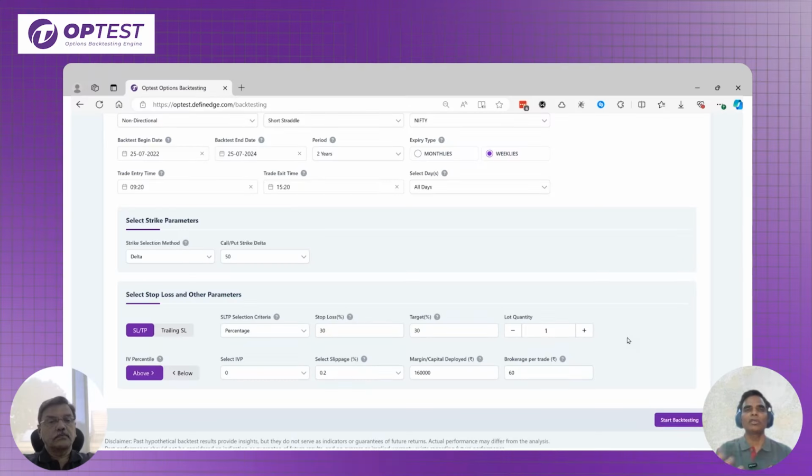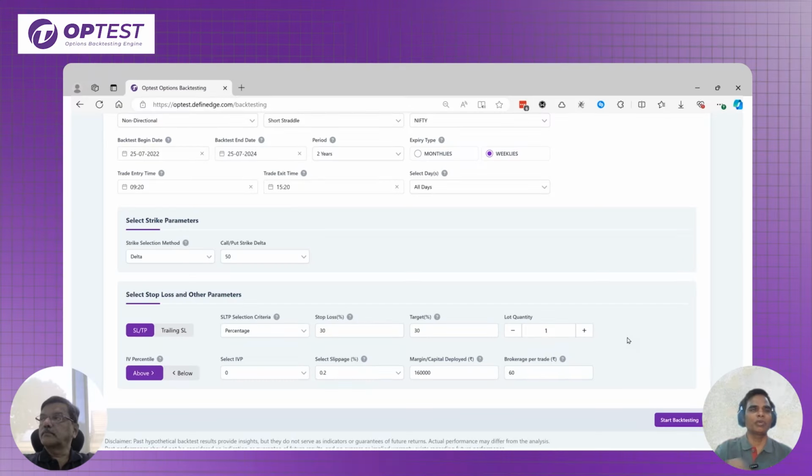Now, what about brokerage per trade? Brokerage per trade is for you to enter and exit. This is inclusive of STT, tax, brokerage and everything. For entering and exiting, we're taking an average of 60 rupees based on most brokerages. This is also customizable.